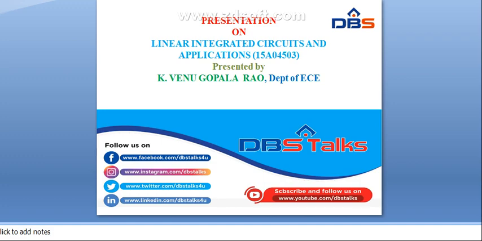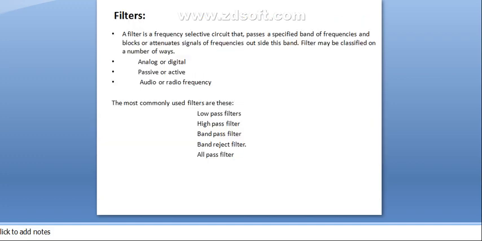First of all, what is the definition of a filter? A filter is a circuit that is designed to pass a specified band of frequencies and attenuates all the signals outside that band. So a filter is a frequency selective circuit.